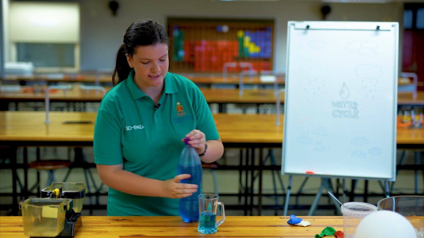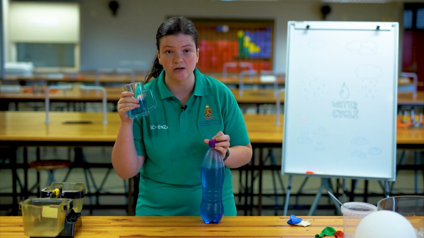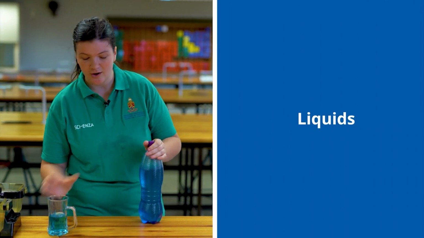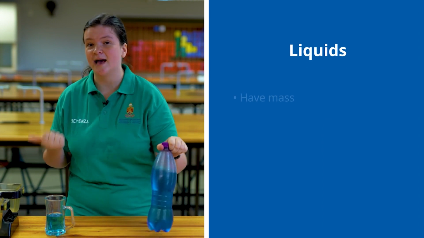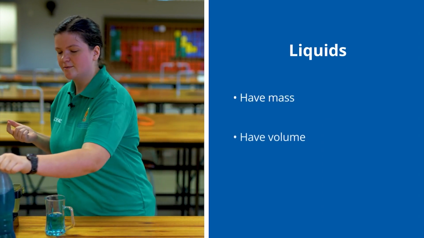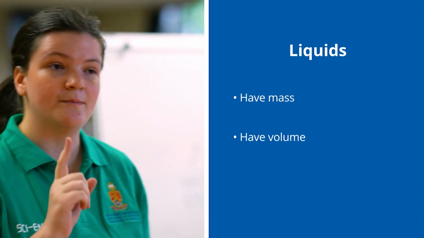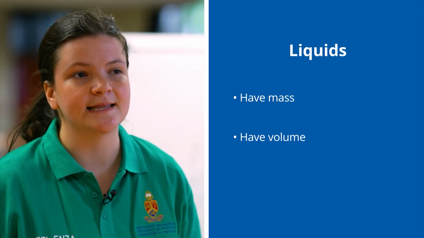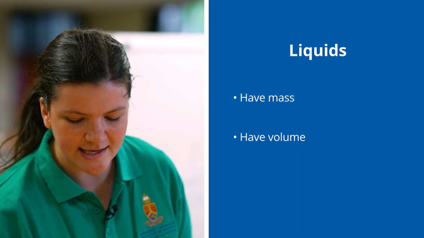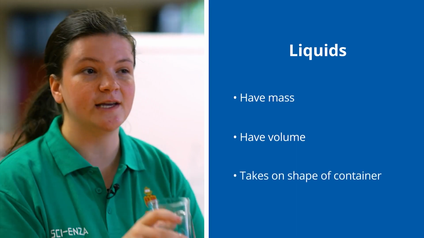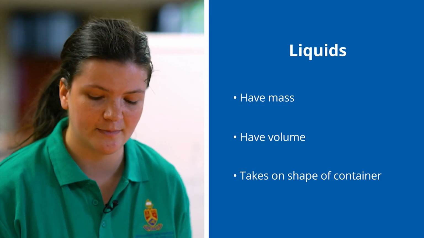And it's also taking up space in the glass, which means it has volume too. So liquids have mass and they have volume, so they must be made of matter. But what makes them different is that they flow. So they can take on the shape of their container, leaving no gaps.